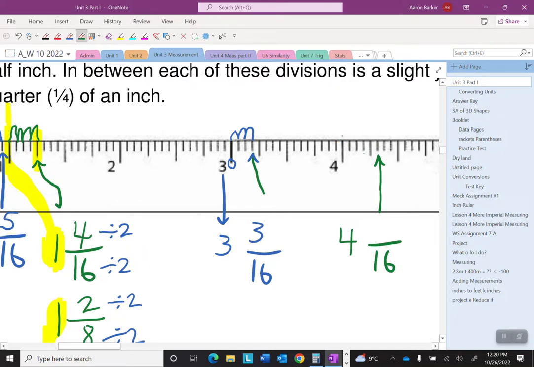I'll count again in case I'm wrong. 1, 2, 3, 4, 5. Remember you start counting at 0, that's a 0 line, Benson, so you're going forward from 0. Can I reduce that, lowest terms? Can you divide 5 by anything? No. So that's your final answer.